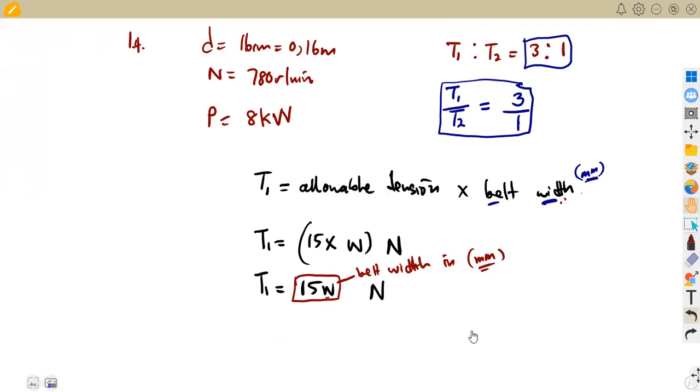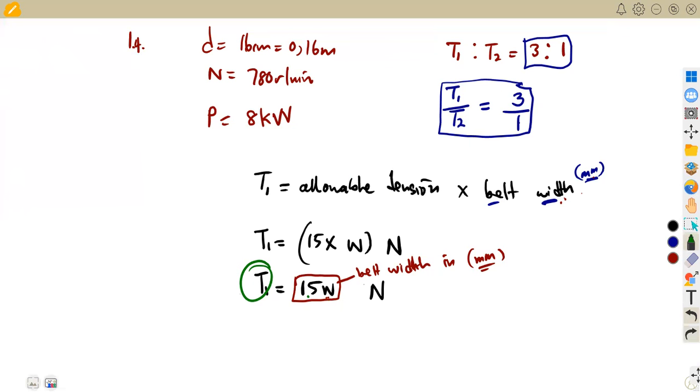In this case, this is what you're going to ask yourself: I'm supposed to calculate T1. You see where that analysis helps you now. By calculating T1, I simply have to divide by 15 so that I find the W, which is the belt width. But where am I going to have the T1?